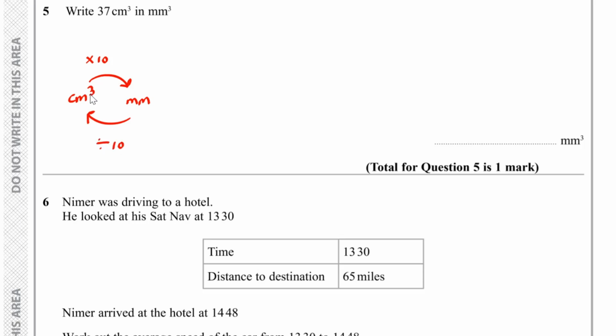So to go from centimeters cubed to millimeters cubed, we times by 10 cubed, and millimeters cubed to centimeters cubed, we divide by 10 cubed. So to convert 37 centimeters cubed into millimeters cubed, we multiply by 10 cubed, so it turns out here we get 37,000 millimeters cubed. So we have 37,000.